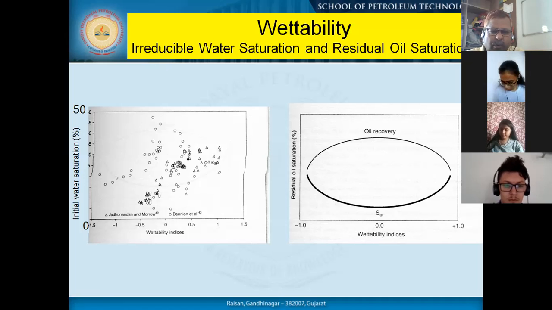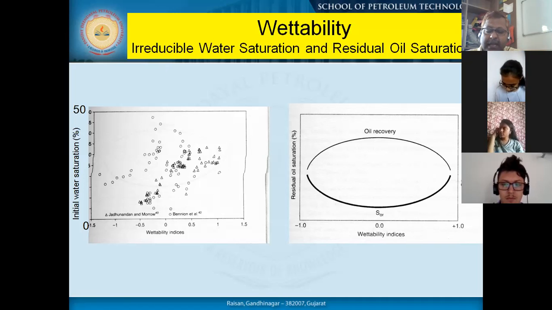If you have a water wet rock, then generally the oil could not displace the superficial water, as well as the water occupying the small pores that could not be knocked out by the migrating oil.